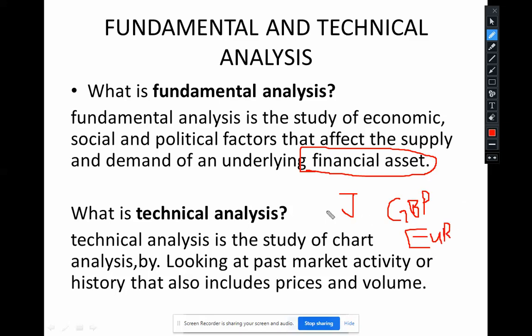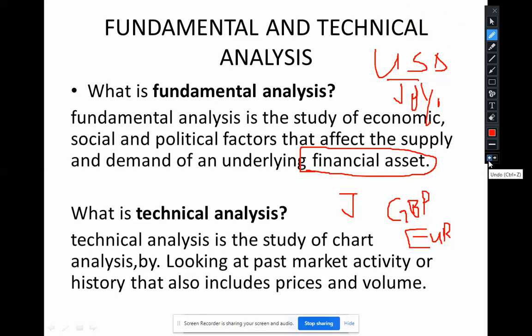What again? I think there's another one.